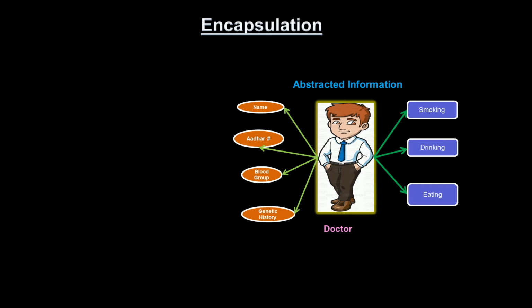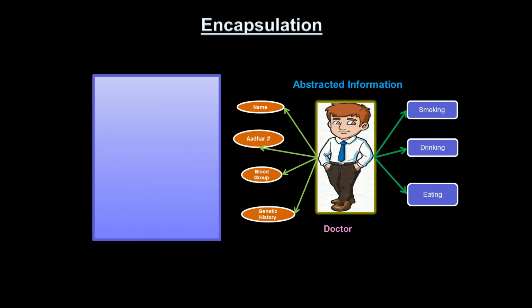In the same way, we bind these into a single unit: name, Aadhaar number, blood group, and genetic history, along with behaviors like smoking, drinking, and eating habits.